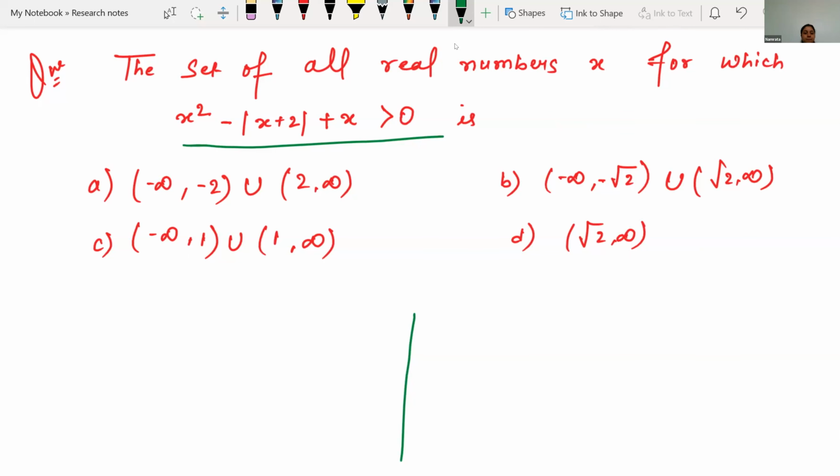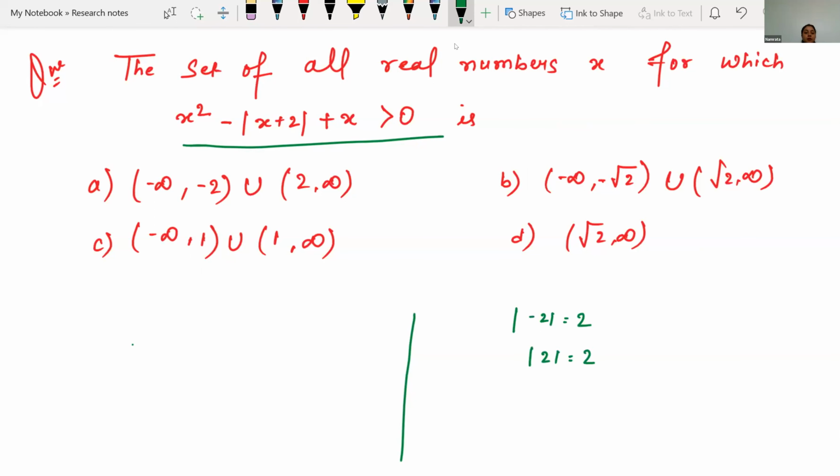The answer that will come will be positive. So we can say if there is a number, let's say negative 2, then the result will be positive 2 only. If it is already positive, then the result will be that.